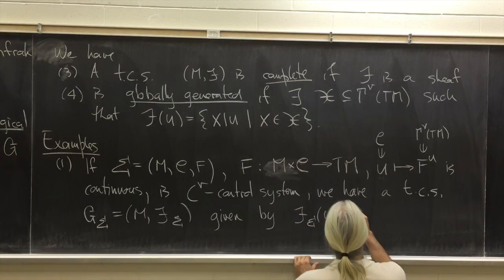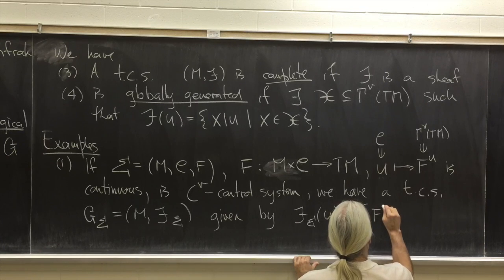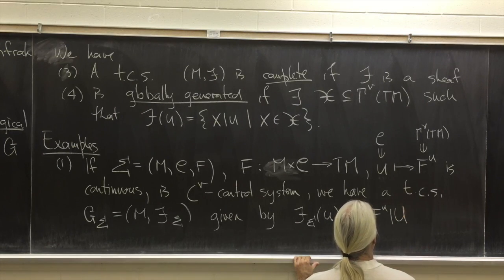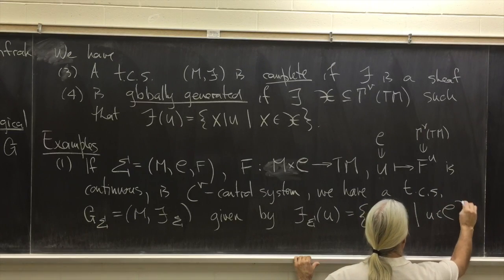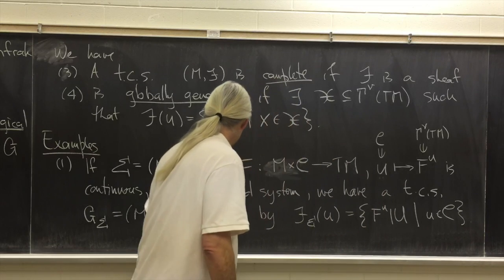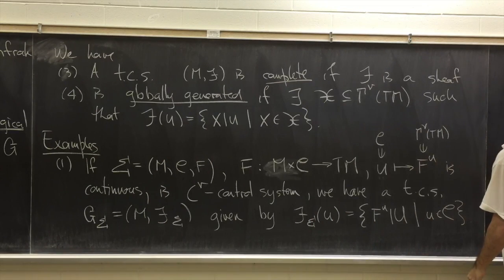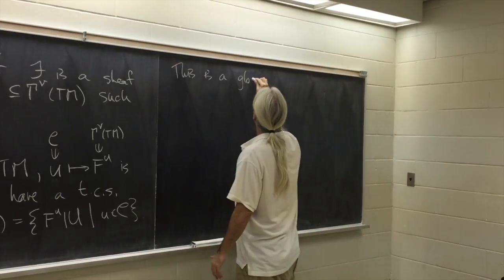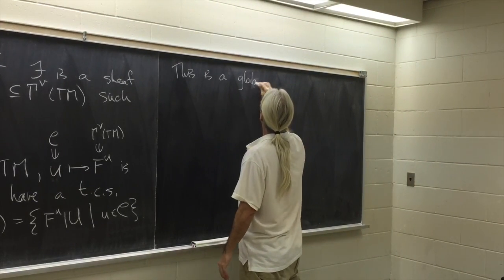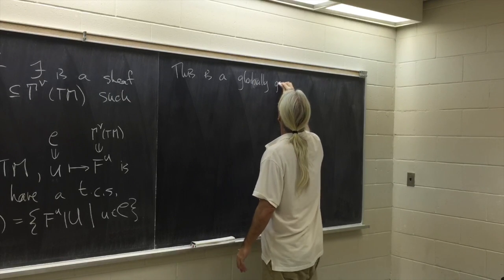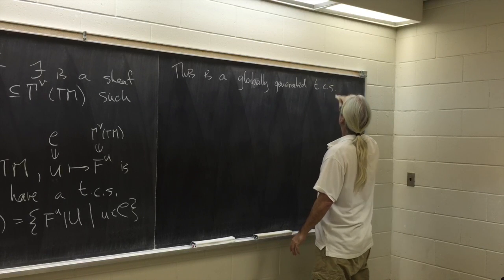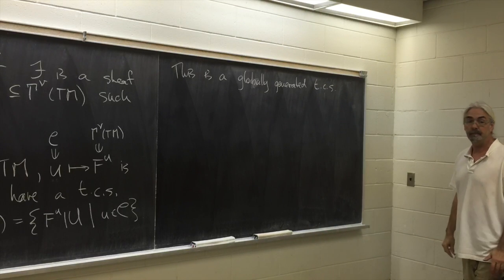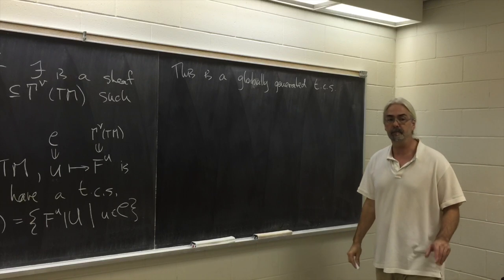So it's going to be F restricted to capital U, where U is in C. So this is of course a globally generated tautological control system.